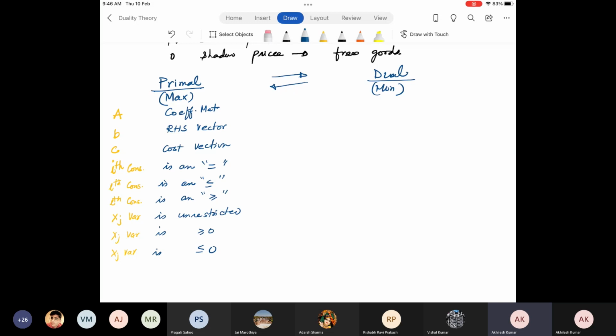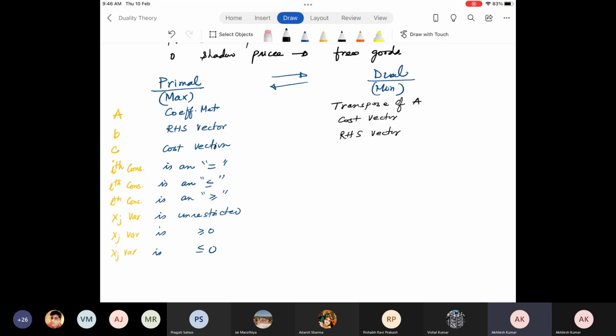So how do we convert? If these are the cases, how do we convert to its dual? For the dual, the A matrix becomes the transpose of A, the B vector becomes the cost vector, the C vector becomes the RHS vector.